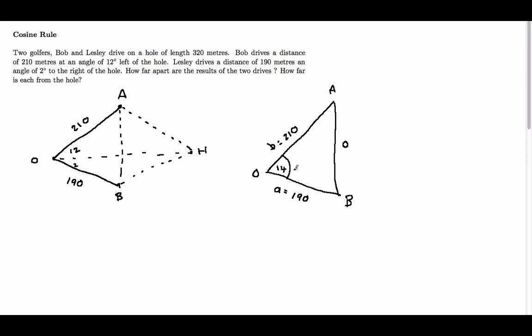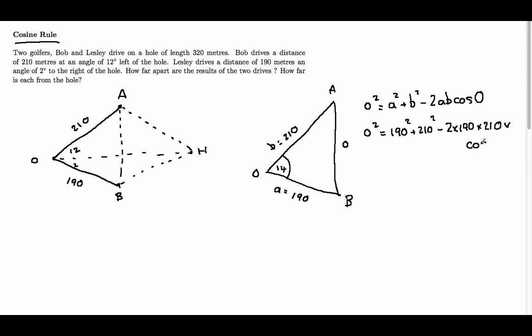So as we've got two lengths and one angle, and we want to find another length, we use the cosine rule. So the cosine rule will tell us that o squared is equal to a squared plus b squared minus 2ab cos O. So o squared is equal to 190 squared plus 210 squared minus 2 times 190 times 210 times cos of the angle O, which is 14.